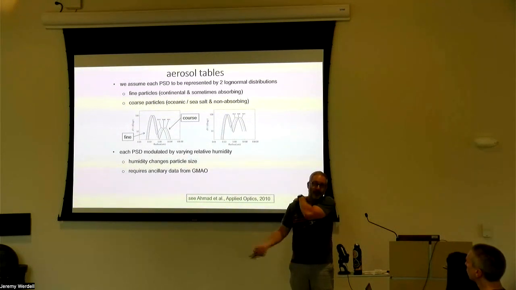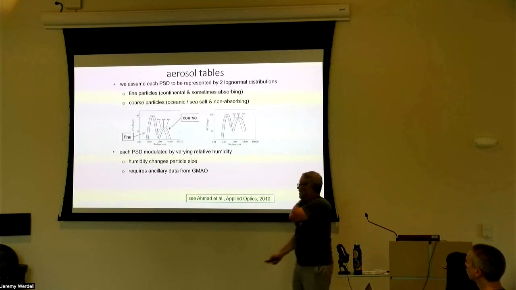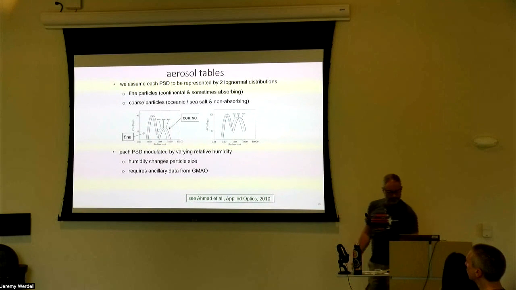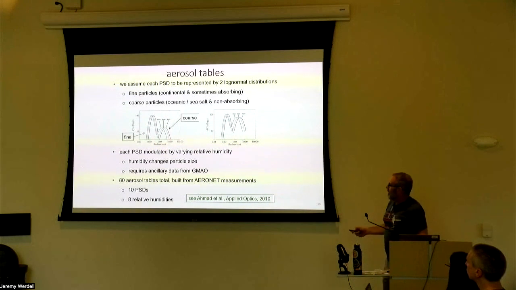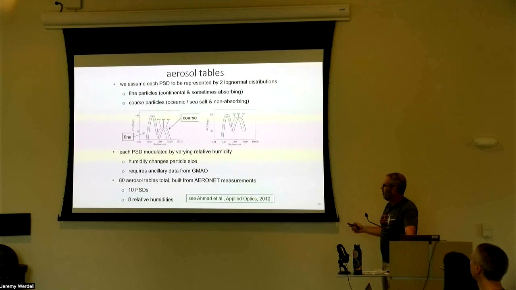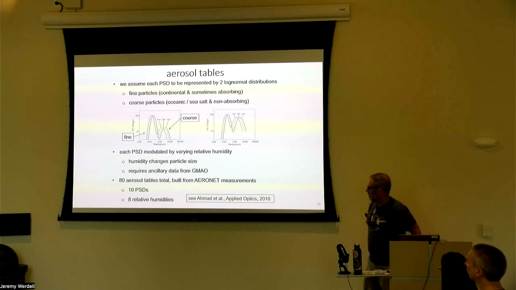No, so yeah, I now have to bring in a metric of relative humidity as well. So we do it with ancillary data here. Okay, so 80 aerosol lookup tables. We use AERONET, which is a series of robots that are on buildings and towers all over the world, and they make atmospheric measurements. Those 80 lookup tables are broken down into 10 PSDs and 8 relative humidities. So that's how you get to 80.